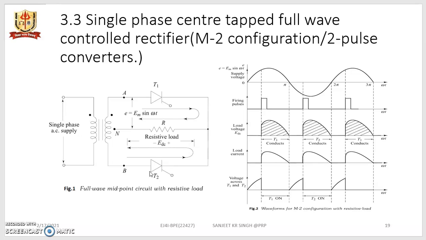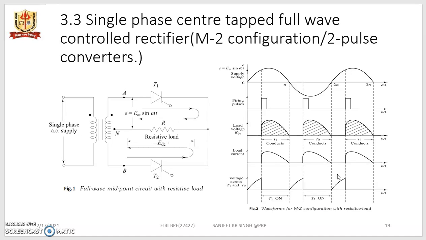But the second thyristor is not turned on instantly till the gate pulse arrives at it, and then only it turns on and rectified output voltage is obtained, because the load current is running through the R from right to left again.